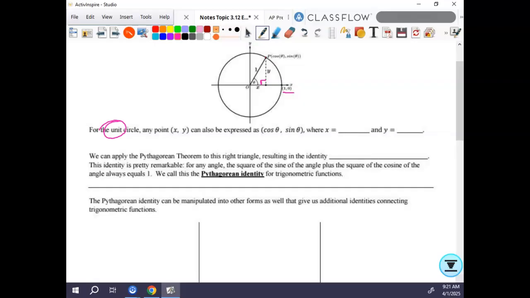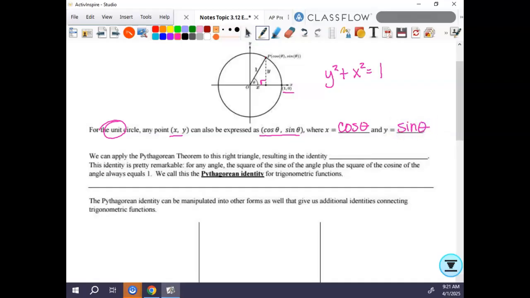So we know from like 6th grade that if I have a right triangle like that, I can do y squared plus x squared equals 1. You agree with that? Okay, that makes sense. That's your Pythagorean theorem. So any point x, y can be expressed as cosine theta, sine theta, where x is cosine theta and y is sine theta.